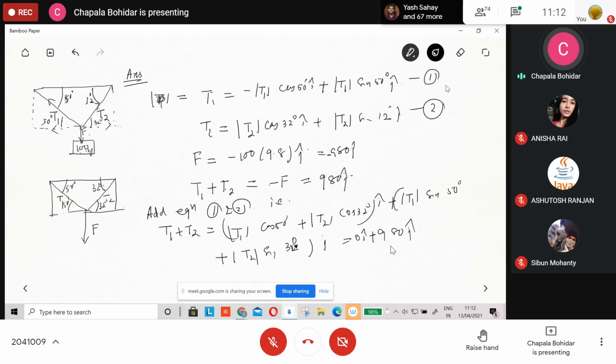So now equating the components, what do we get? Equating the components, I am writing on the next page. You tell me what I will write down by equating the components.